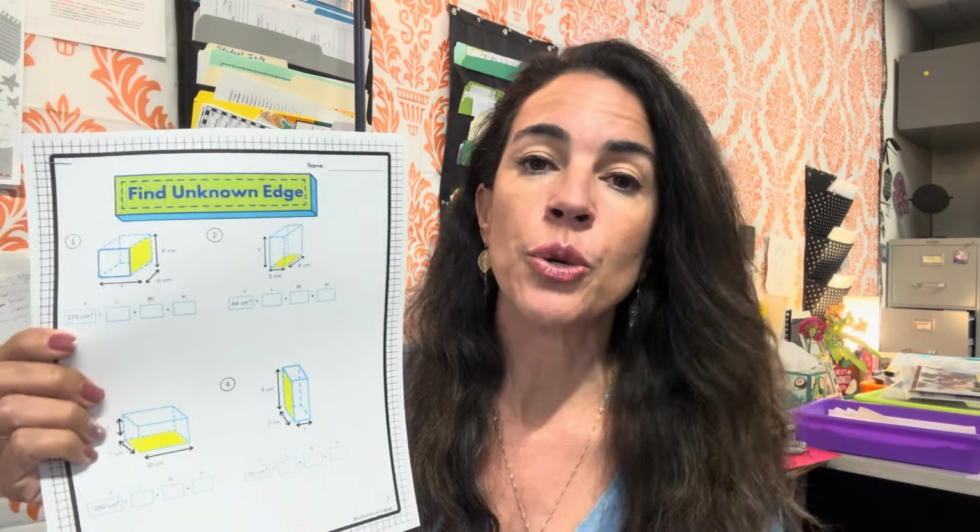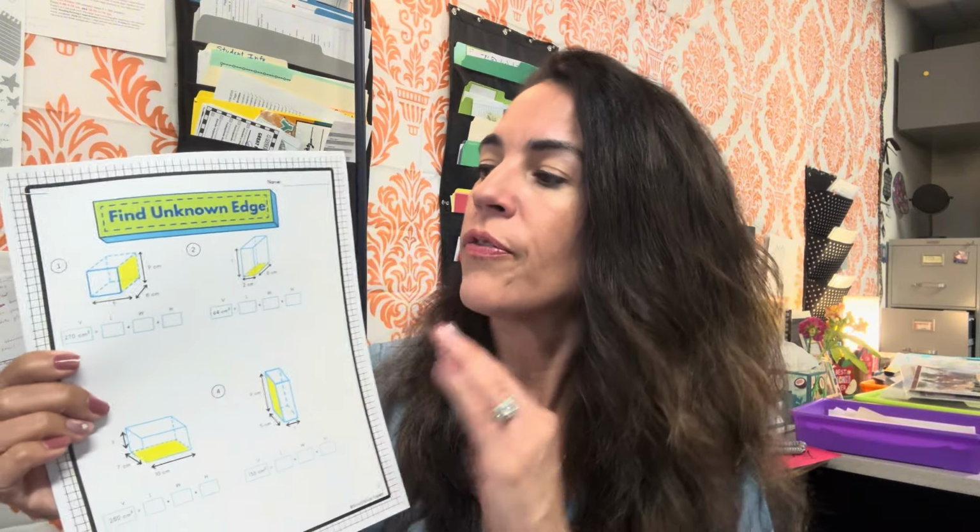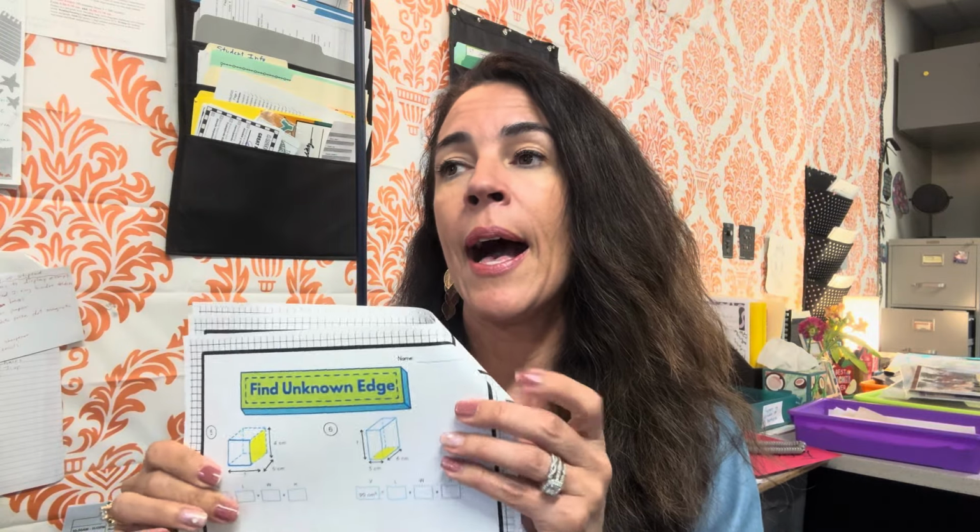And if you want to take it a step further, I also have a resource about find the unknown edge. And you see these questions all the time on state tests, and the kids need explicit practice on finding the unknown edge, where sometimes they are given only the base and they have to figure out the height, and they're given volume.